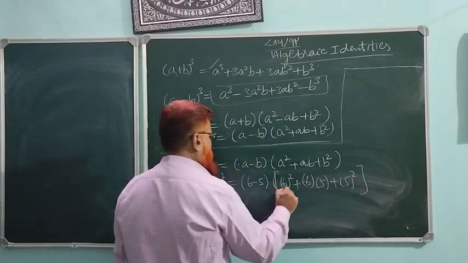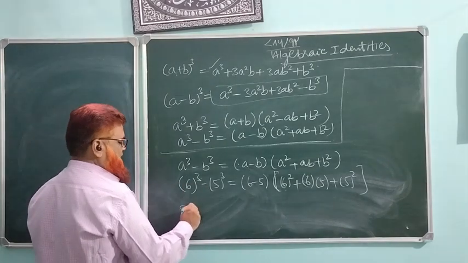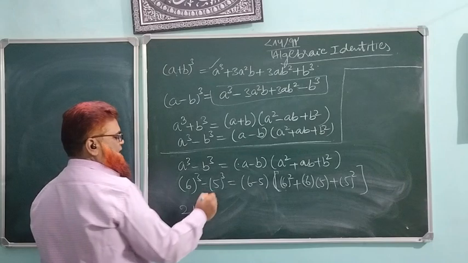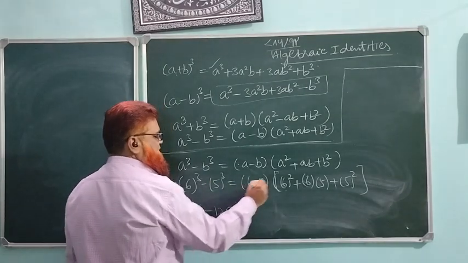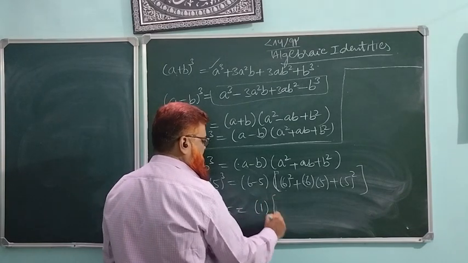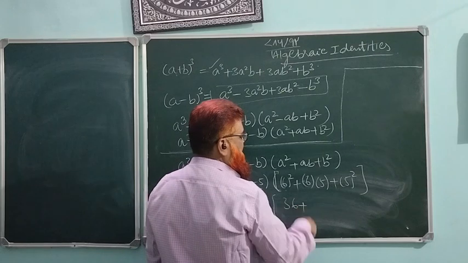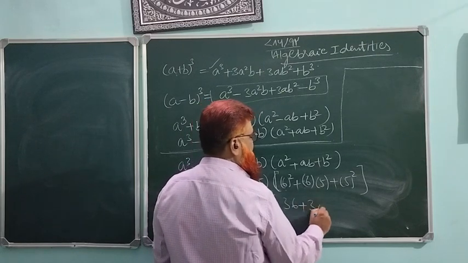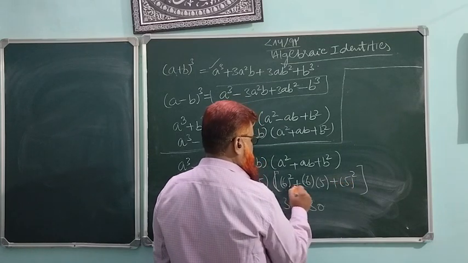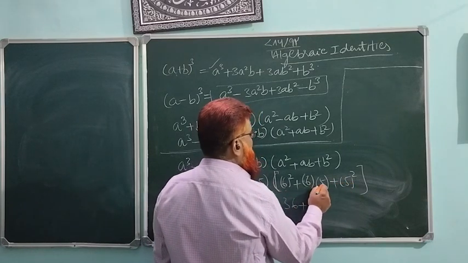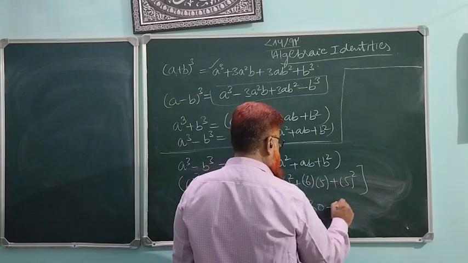Close the bracket. Now 6 cube is 216. 5 cube is 125. 6 minus 5 is very simple, it is 1. Keep it outside as it is. 6 square is 36, 6 5s are 30, and 5 square is 25.